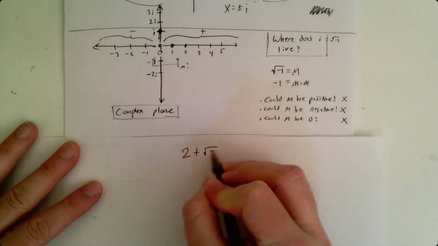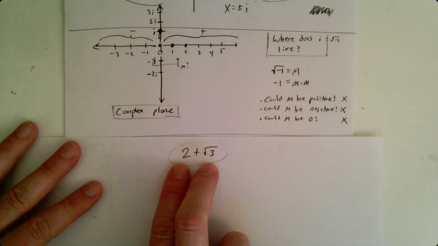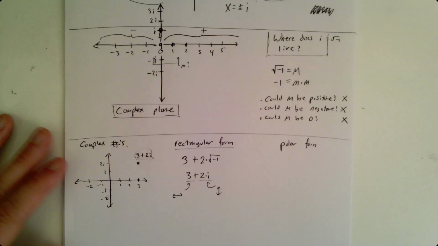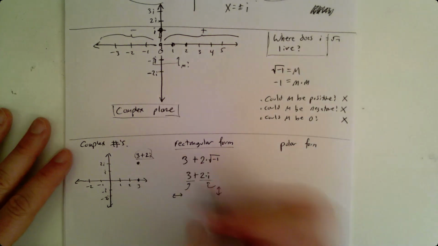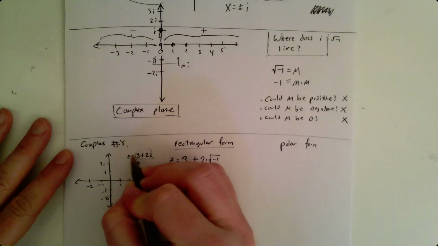Like if I have 2 plus root 3, that's a single number, but I have to write it down using 2 different pieces that I can't combine together very easily, unless I write out an infinite decimal expansion. So we're going to come back to this analogy in a minute. For now, that's the rectangular form for a complex number. So you could say that's z.